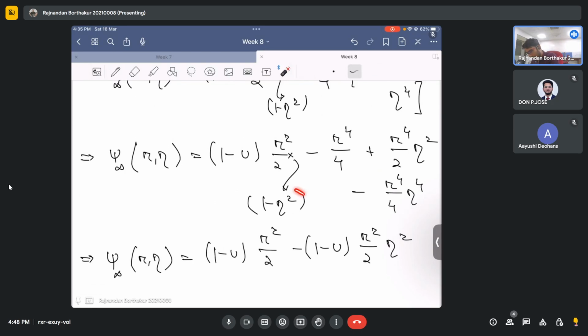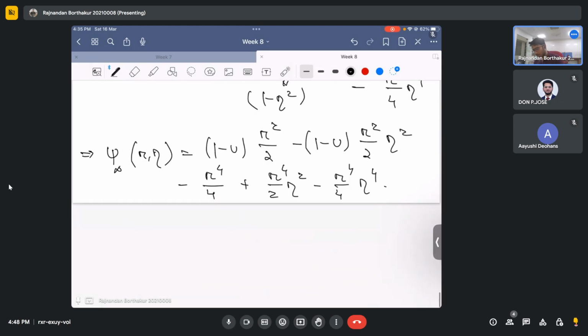I'm just breaking this term. And then the other terms would be minus r power 4 by 4, plus r power 4 by 2 eta squared, minus r power 4 by 4 eta power 4.